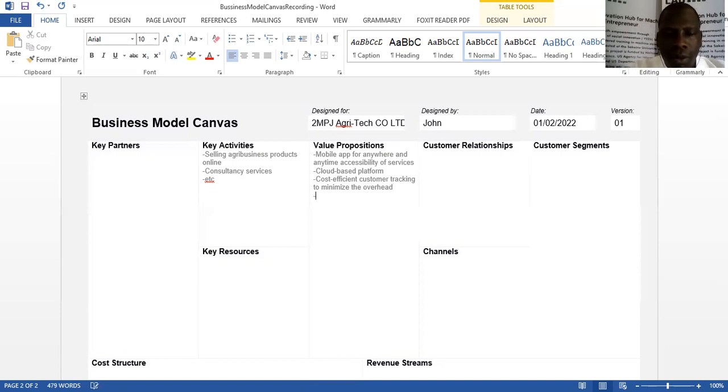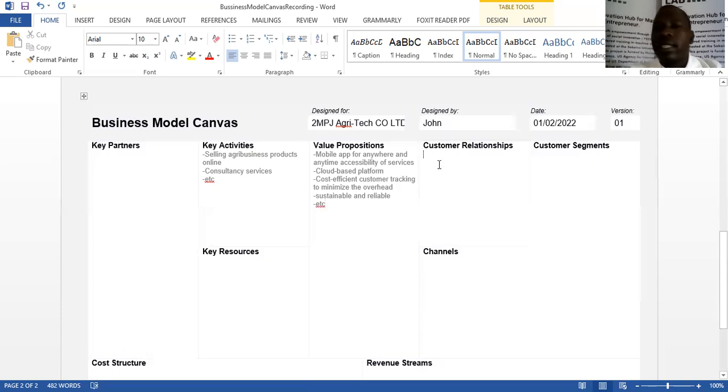But also we could say this will be sustainable and reliable. It means the services are available all the time, and you can add as much value as possible. So these are the unique values that you think the business will provide.